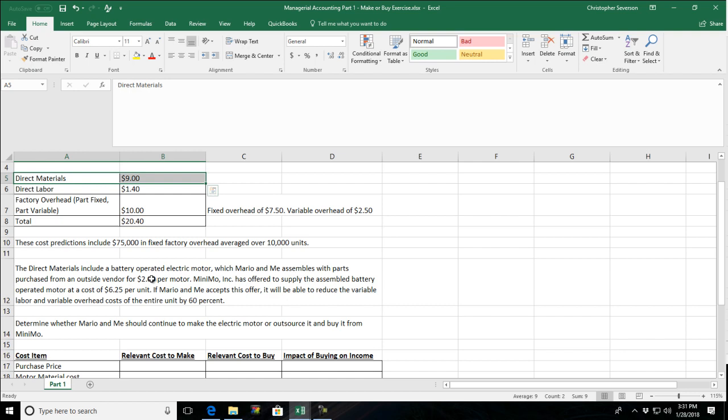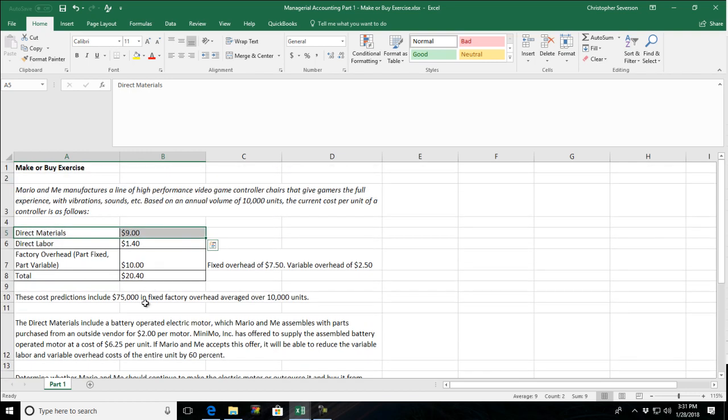Now let's pay close attention to that first of all. The $9 in direct materials is for the entire chair, but they're saying that the motor itself costs $2. So the other $7 is for something else.